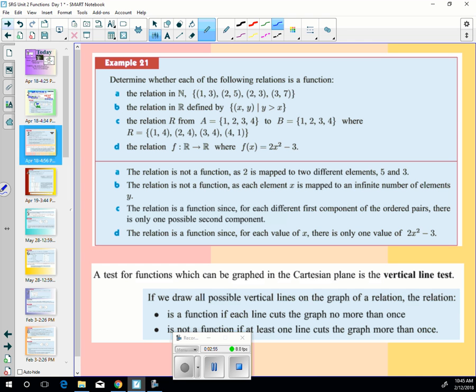Determine which of the following is a function, just to remind you that if you ever see a repeated x with different y's, then it's not a function, right? This one's kind of interesting. The relation in R defined by y is greater than x.